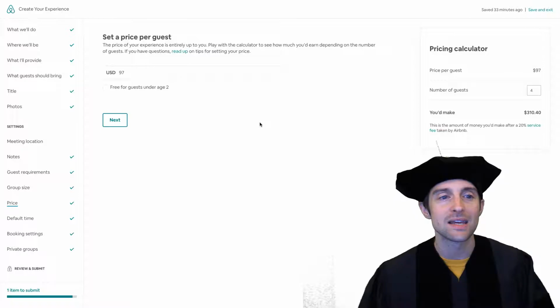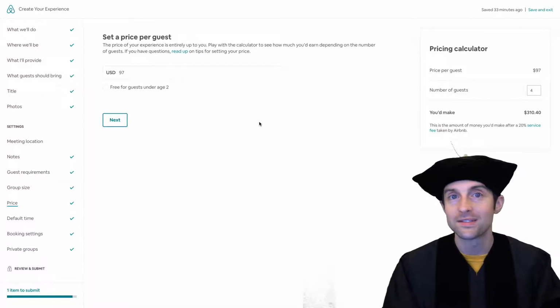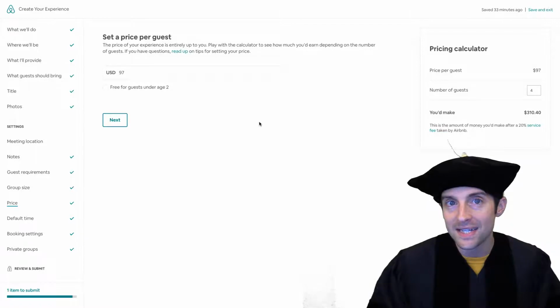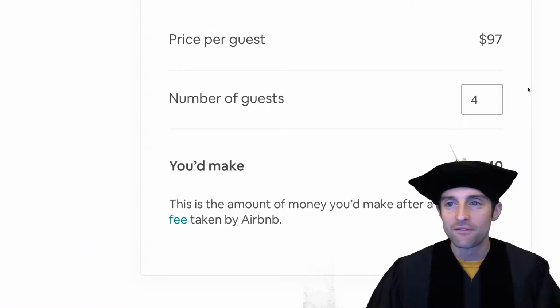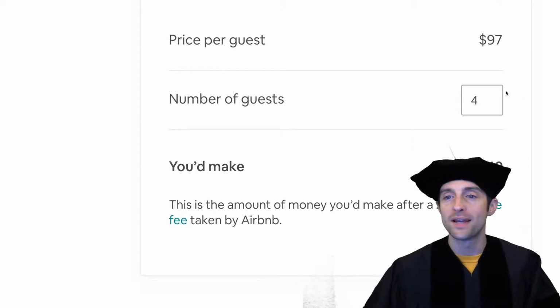So the nice thing is you can have multiple guests book at once. Therefore, you want to set the price as low as you can possibly stand to do for just one guest at a time. This was my intention, $97, figuring that I could do consistently one guest.